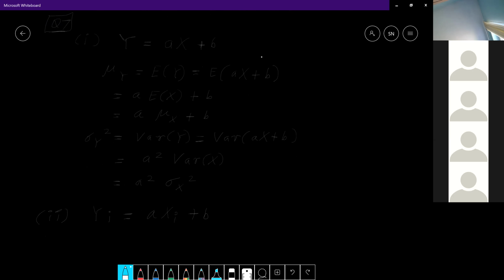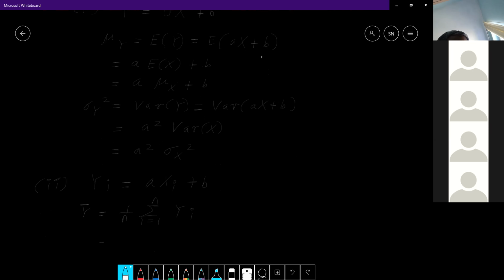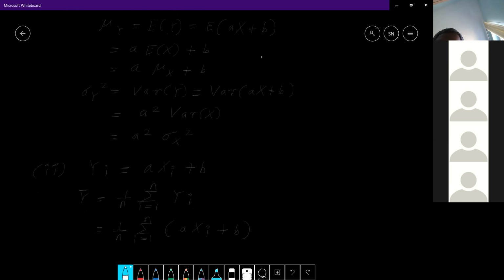And y bar is the sample mean of the y's. So this is 1 over n times the sum of the yi's, right? Okay, so this will be 1 over n times the sum of axi plus b. And if you have any questions, just please use the chat box, okay?